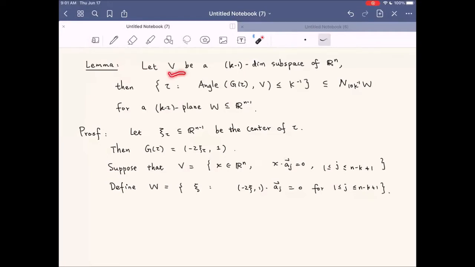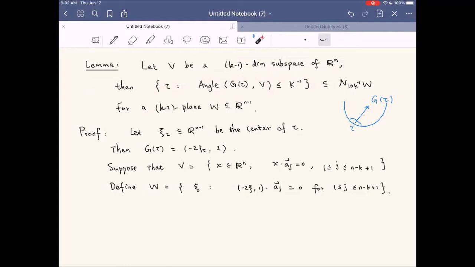So consider V to be a k-1 dimensional subspace of Rn. When we define the k-broad Lp norm, we consider the set of tau such that the angle of g tau, the normal direction on the paraboloid, and the subspace V is bounded by 1 over k, where k is a large number.